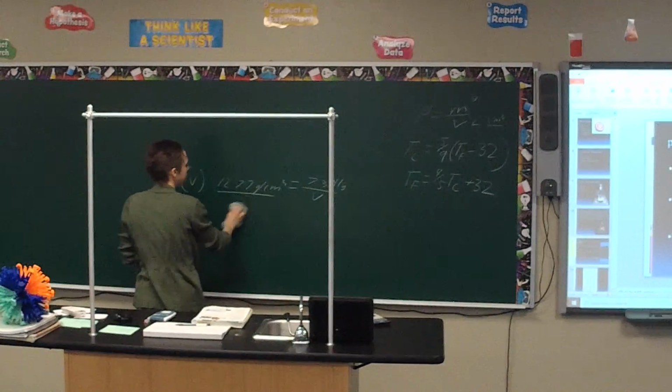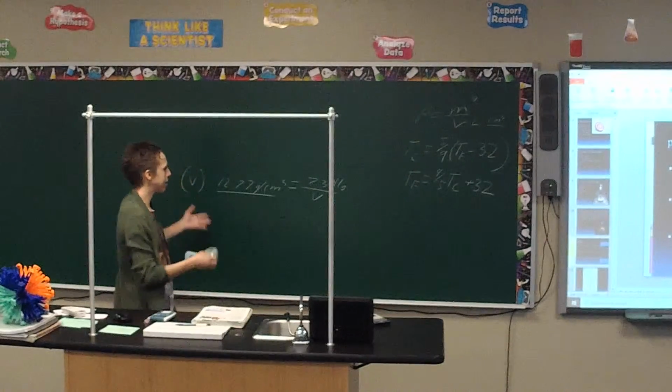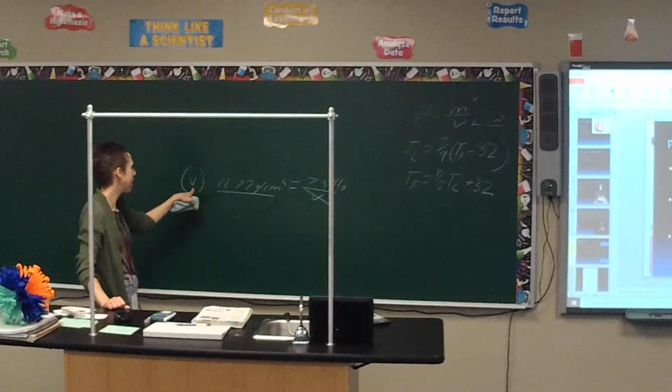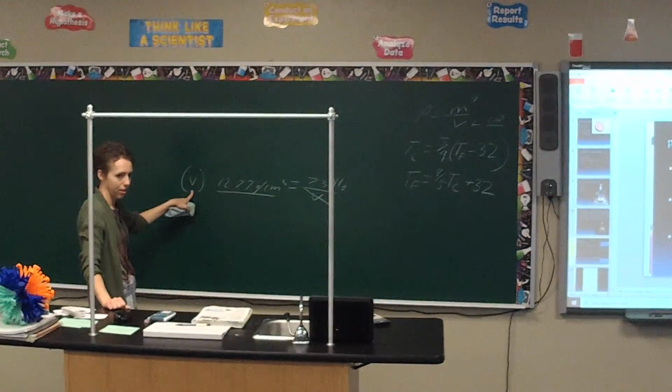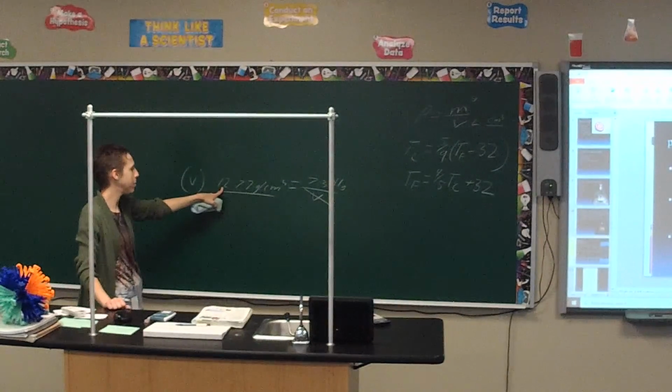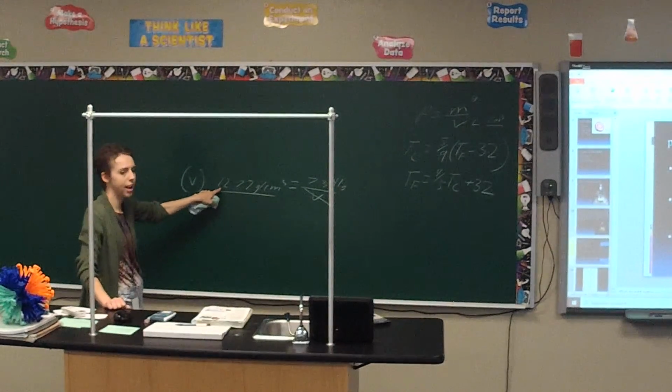Now it's still not helpful because I need volume by itself, but I can pull the volume out of the bottom by multiplying. So how do I get volume over here by itself? Multiply 12.77. So just multiply these two together? But that's still not volume by itself. So volume times this, how do I get rid of this now?